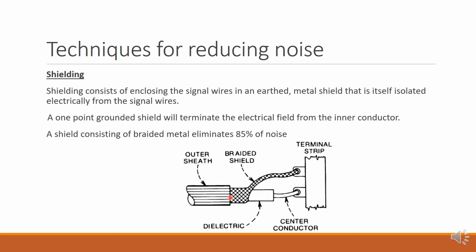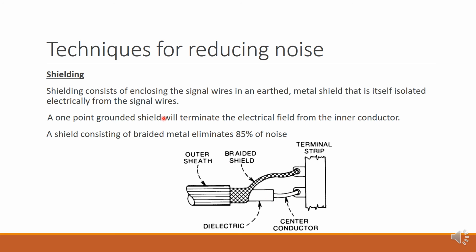For example, we usually have this in coaxial wires. This braided shield is on the outside of your wire, and at the core is the center conductor, so the signals are transmitted in the core wires.